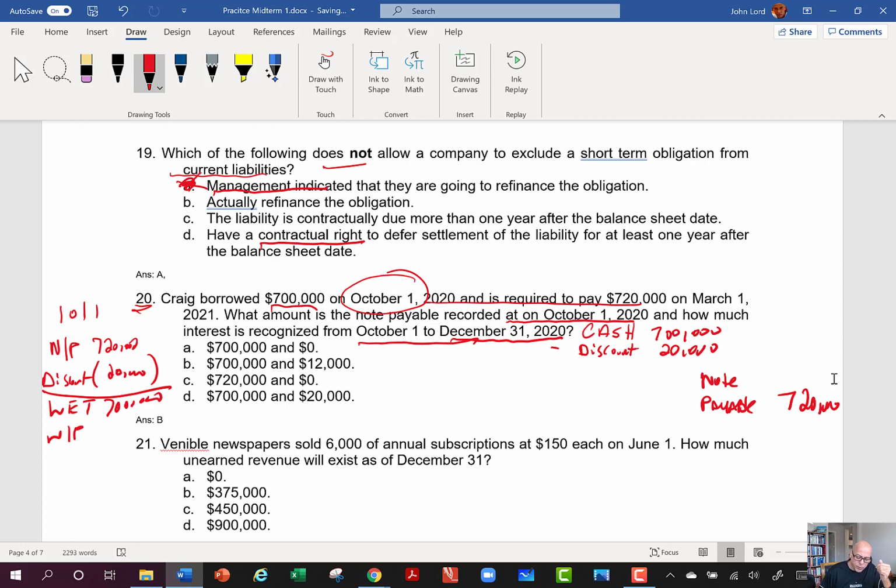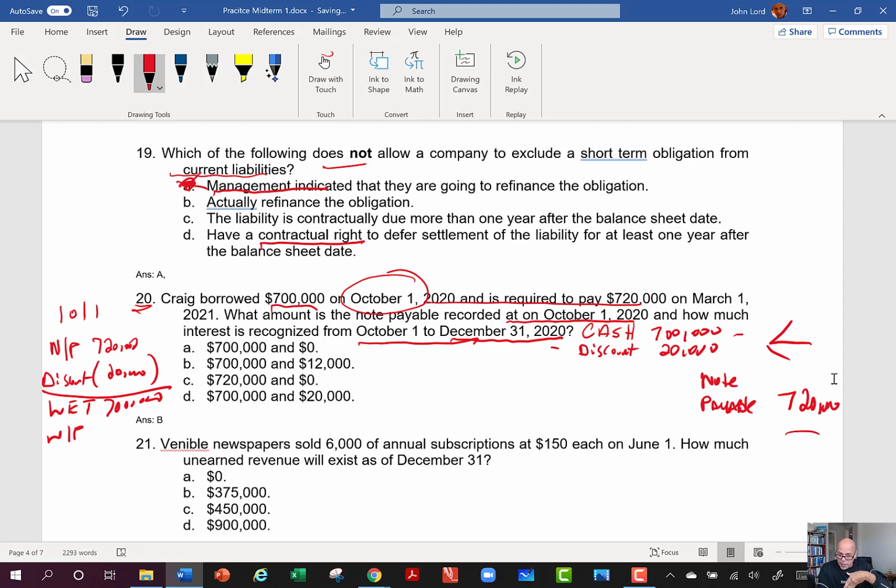Now, it's helpful to review the journal entries for a note that's structured like this. It doesn't call it a non-interest bearing note, but notice there's no interest rate here. So with a non-interest bearing note, they loan you up front, say in this example, $700,000, but they expect you to pay them back $720,000 when the note matures on, again, I guess it's March 1st of the next year.